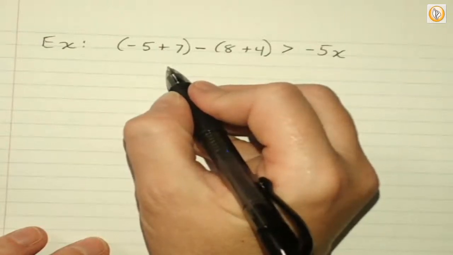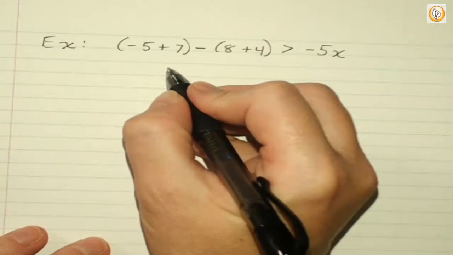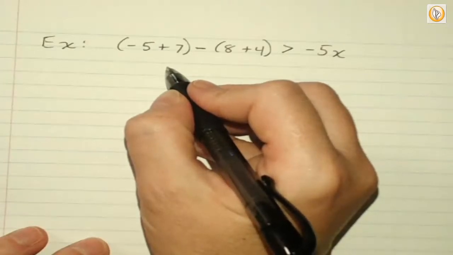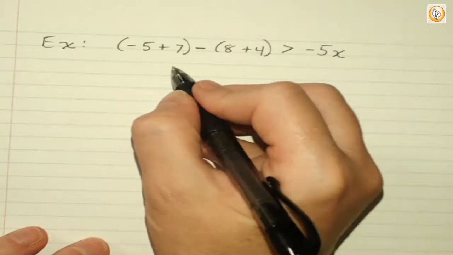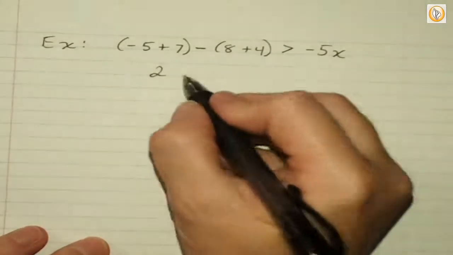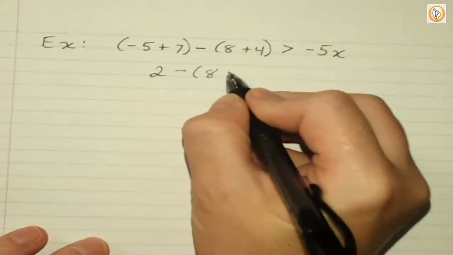Subtract and keep the sign of the larger number. What's 7 minus 5? 2. So it's a positive 2. I'm going to rewrite my problem.